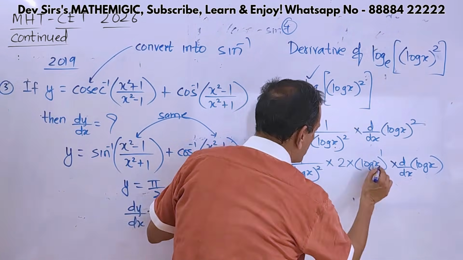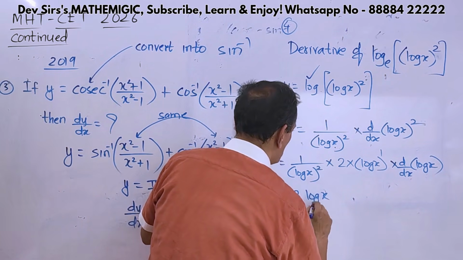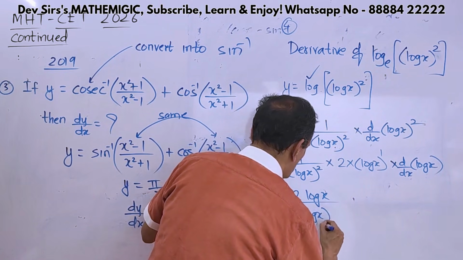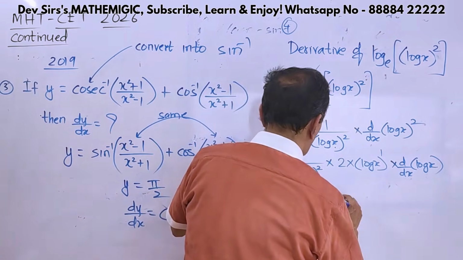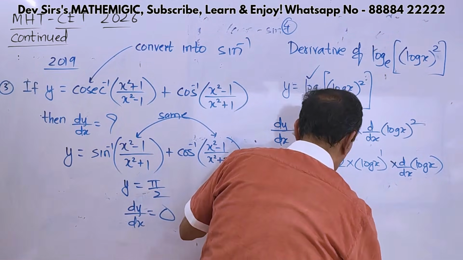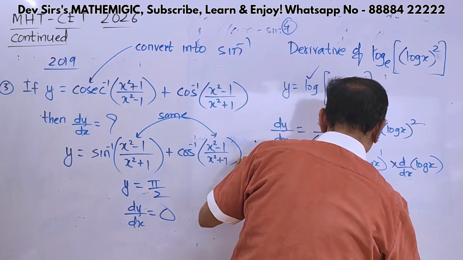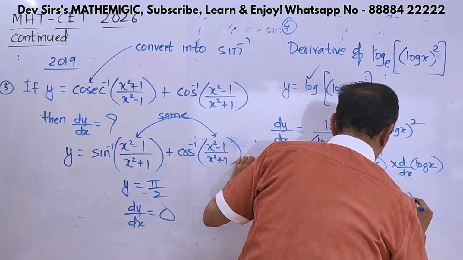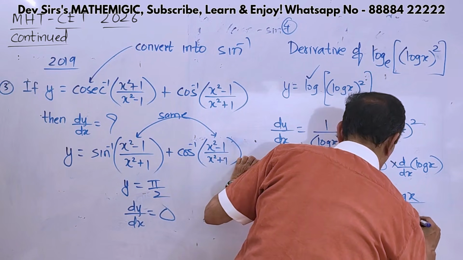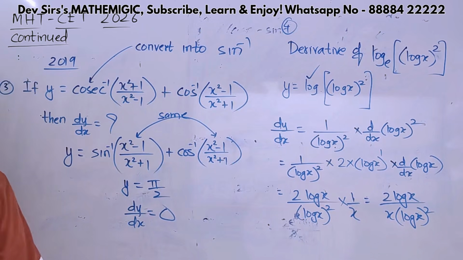So I am writing this 2 log x ऊपर लिख रहा हूं मैं. Derivative of log x 1 upon x. So the answer given is this. Let me check the options.